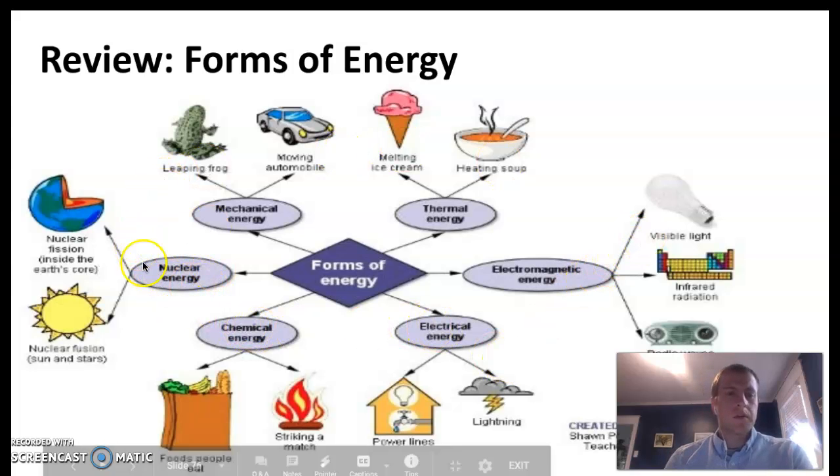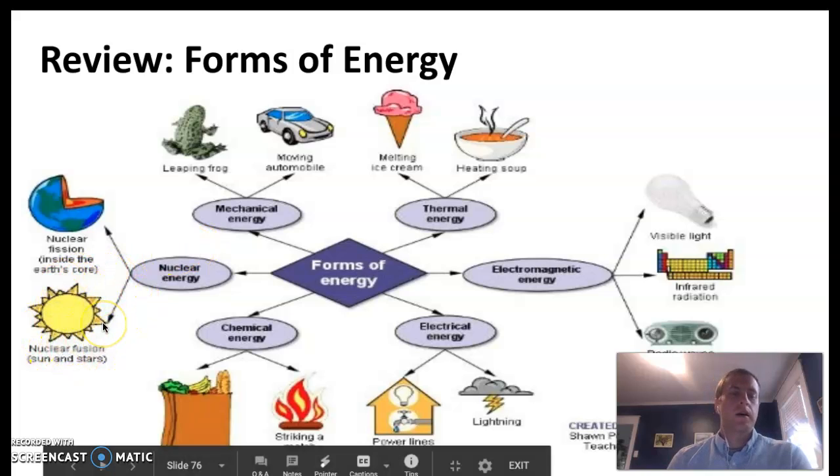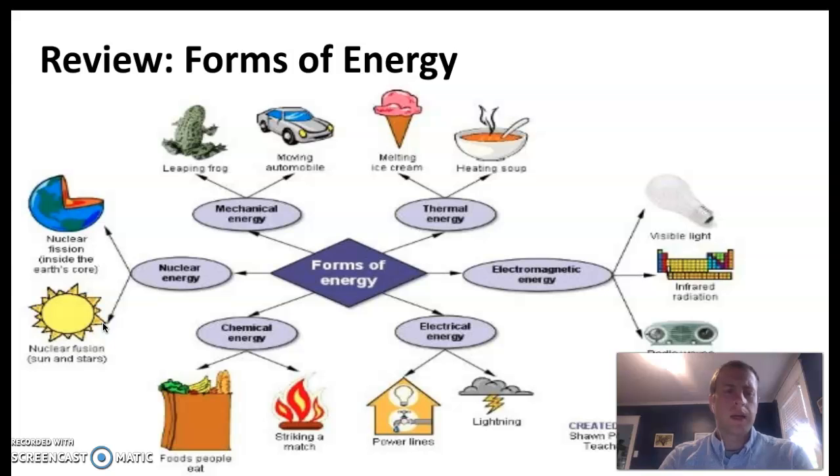Just for example, nuclear energy. Say nuclear energy inside of a sun or a star, they have fusion happening where inside the nucleus of the hydrogen and helium atoms in our star, they are getting fused together, and in the process some of that matter gets turned into energy.